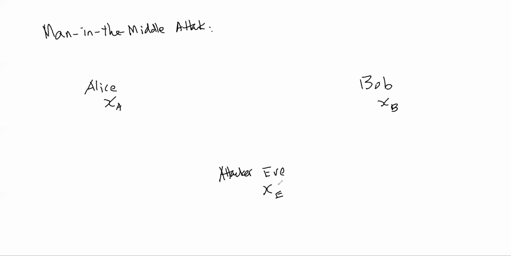So this YA, which is A to the XA mod P, gets intercepted by the attacker. And likewise, YB, which is A to the XB mod P, gets intercepted by the attacker.